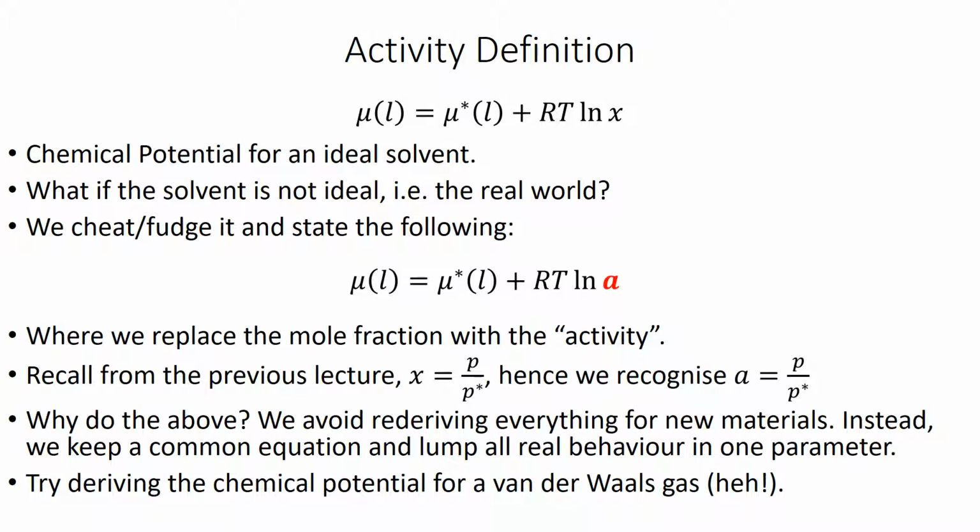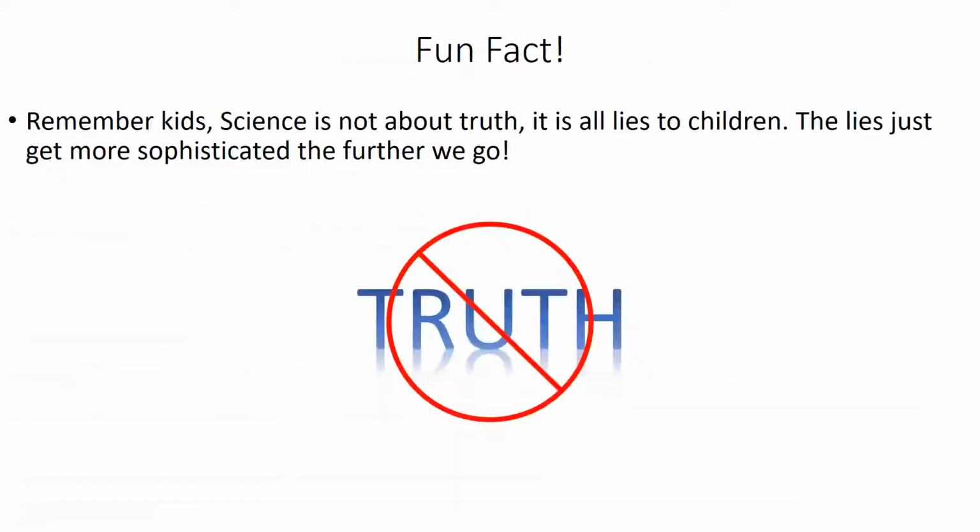If you want to see what I mean by keeping the same equation, have a go at trying to derive the chemical potential for a van der Waals gas. You will quickly find out that it is not simple at all. So, let's keep an equation that is simple and understandable, but we just tweak it for the real world.